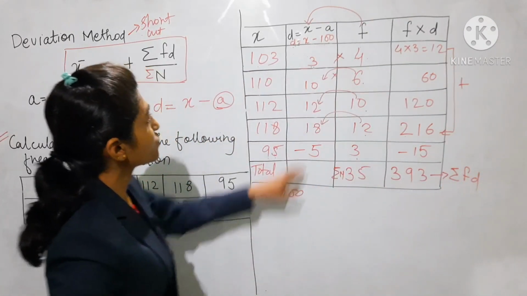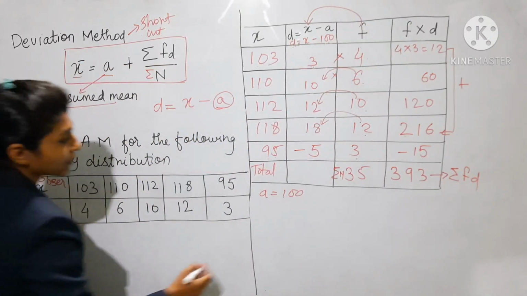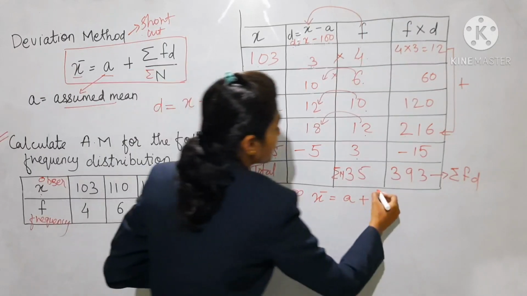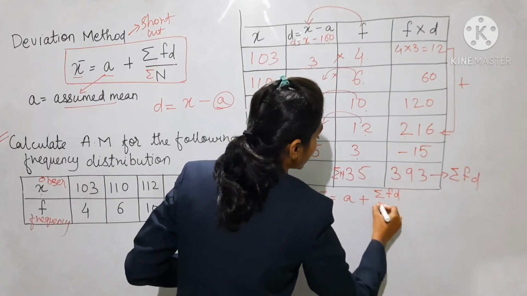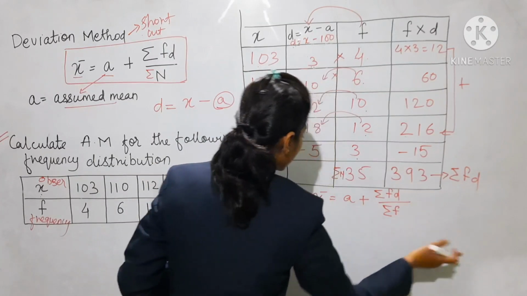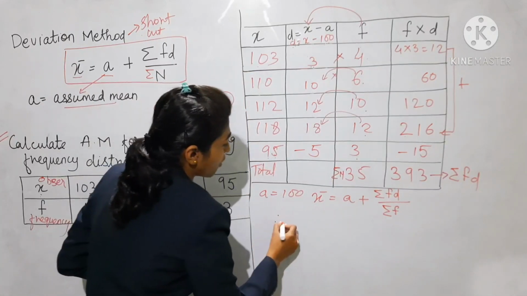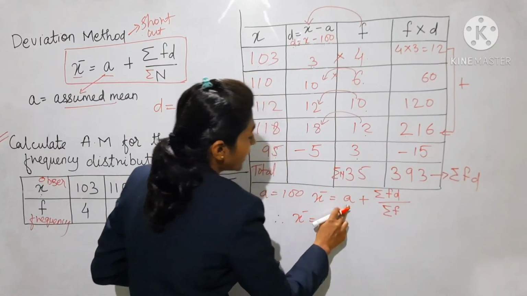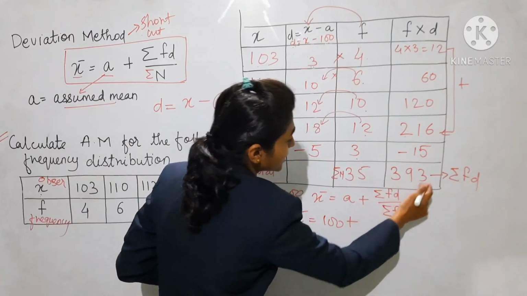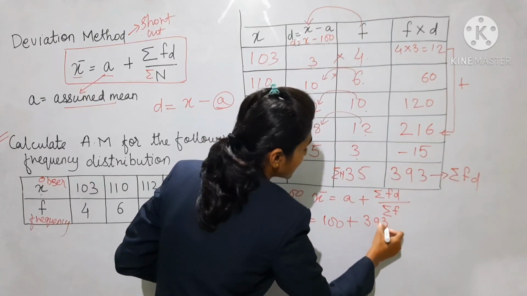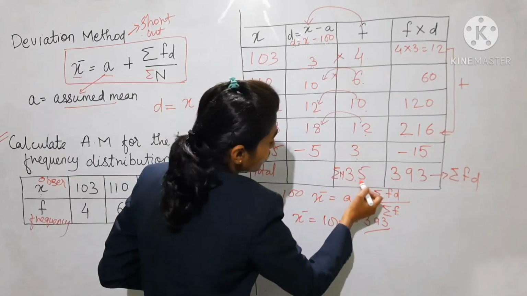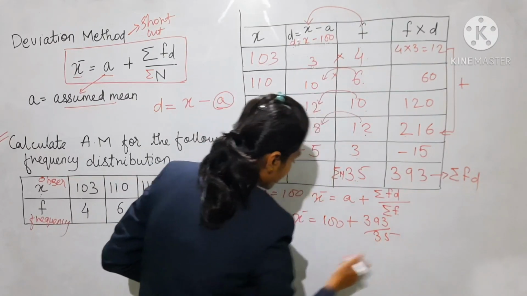Okay, and A is the assumed mean. Now write the formula. X bar is equal to A plus summation of FD divided by summation of F, or N. So therefore X bar is equal to, A is 100, the assumed mean, plus summation of FD, which is 393, divided by summation of F. The total of F is 35.